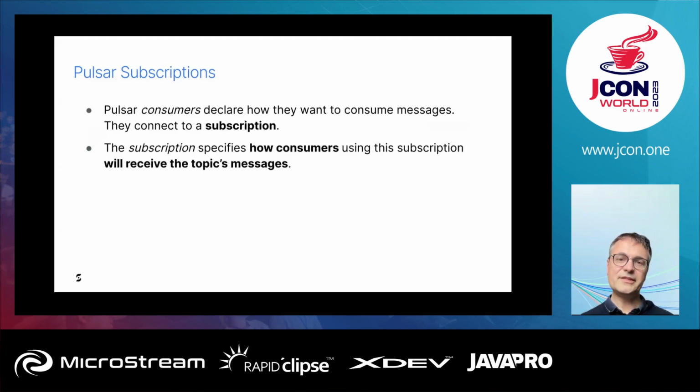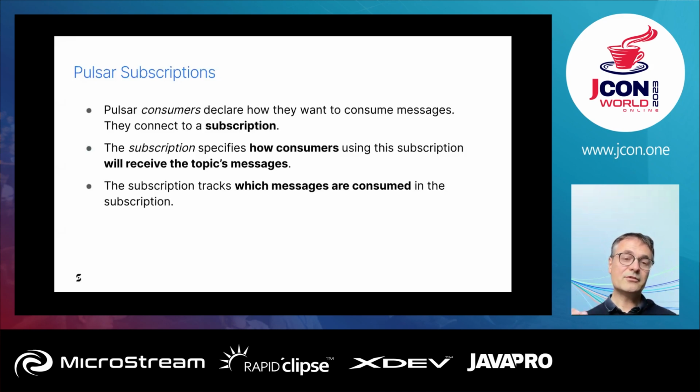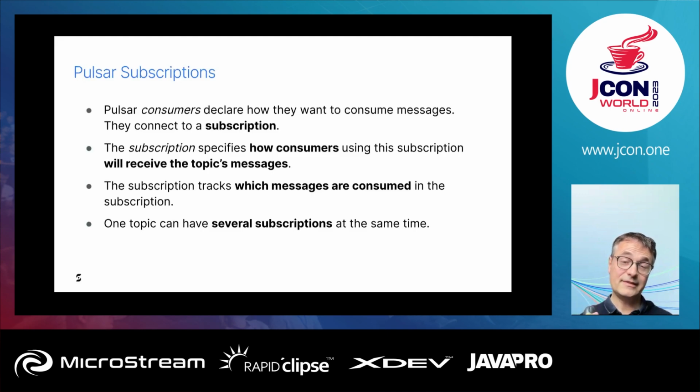Will they receive the messages like a message queue or using the data streaming semantics? The subscription tracks which messages are consumed in the subscription, and one topic can have several subscriptions at the same time. That's very important to understand.